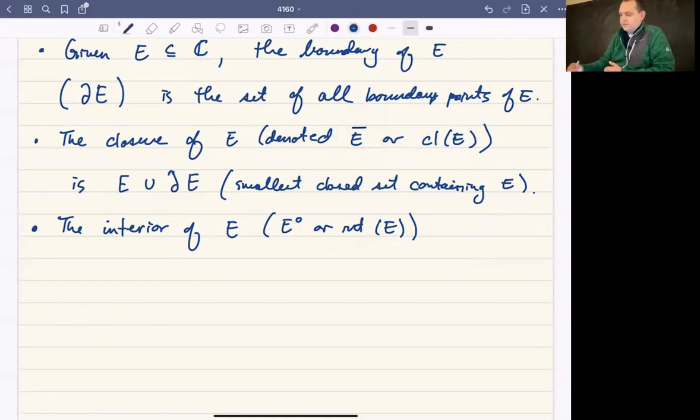Anyways, the interior of E is the set E, but take away all of its border. Okay, so it's the set E minus the border. What I mean by this is it's the set of elements Z that are in E, and Z is not on the boundary.